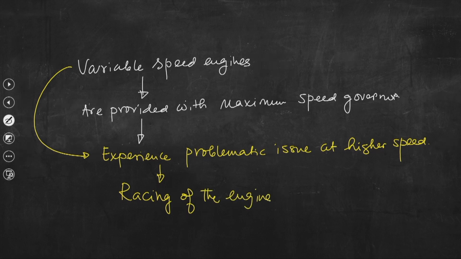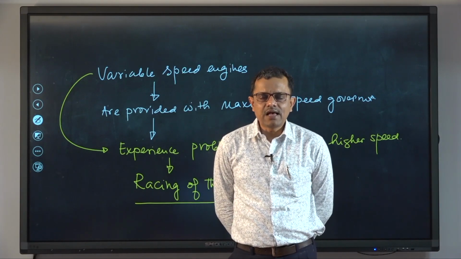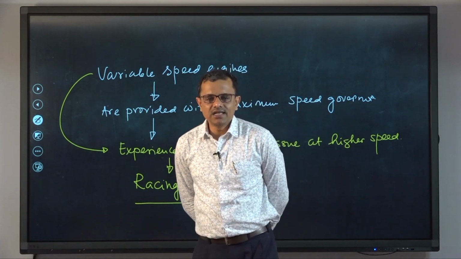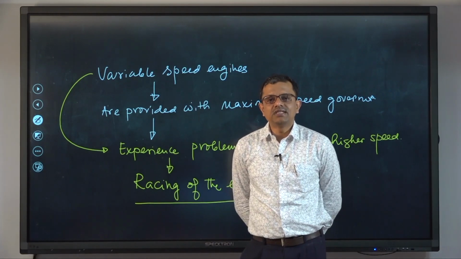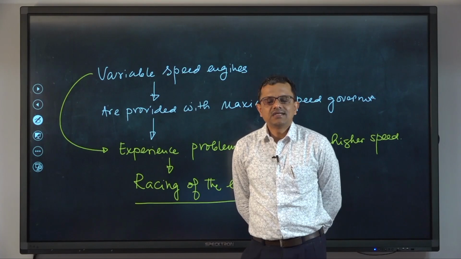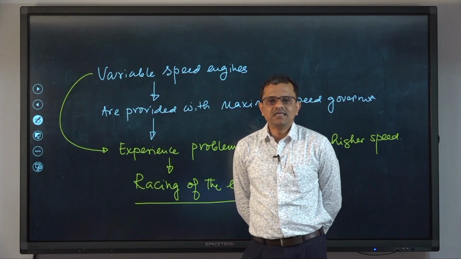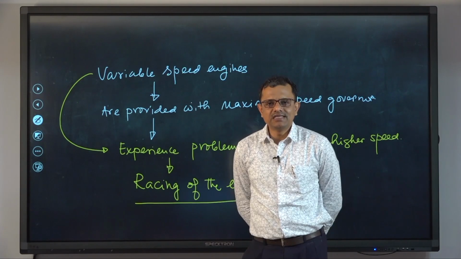Why is it so? Basically, the speed will be so high that, let me tell you one thing, if the speed increases abnormally or beyond the limit, then there will be some problematic issues with CI engines or diesel engines. You know that the compression ratio of diesel engines is higher than that of SI engines.